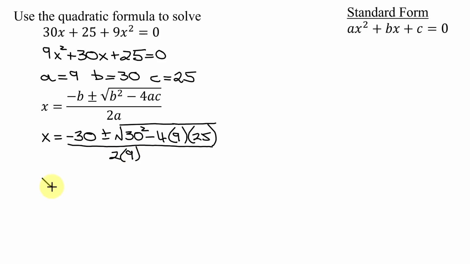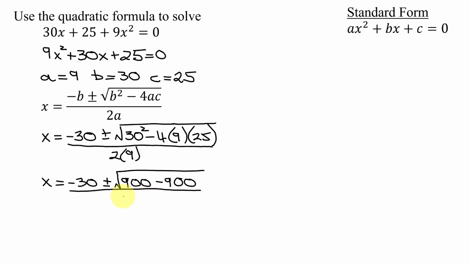So simplifying, I get x equals negative 30 plus or minus the square root of 30² is 30 times 30, which is 900, minus 4 times 25, which is 100, times 9, which is 900, all divided by 2 times 9, which is 18.